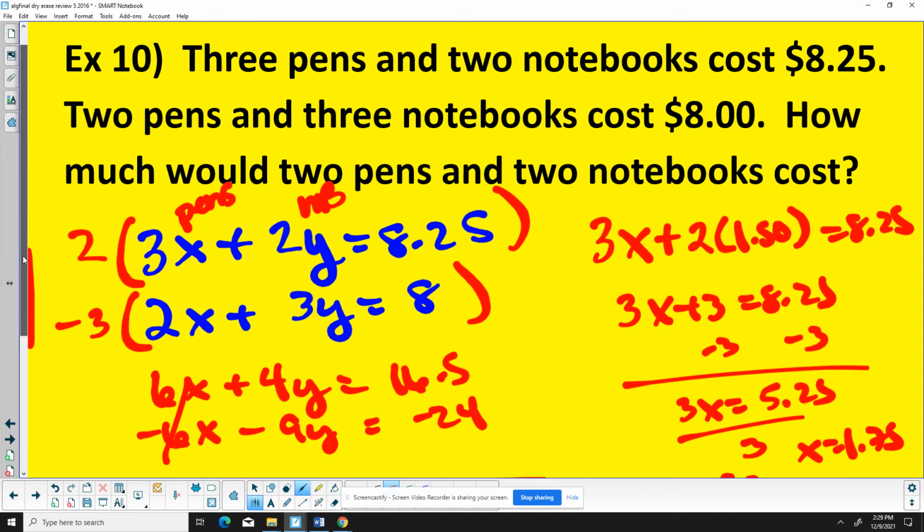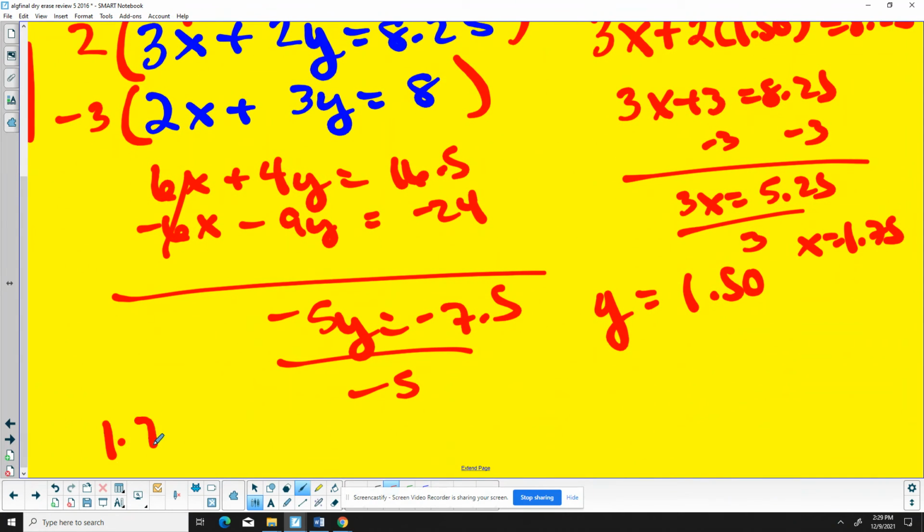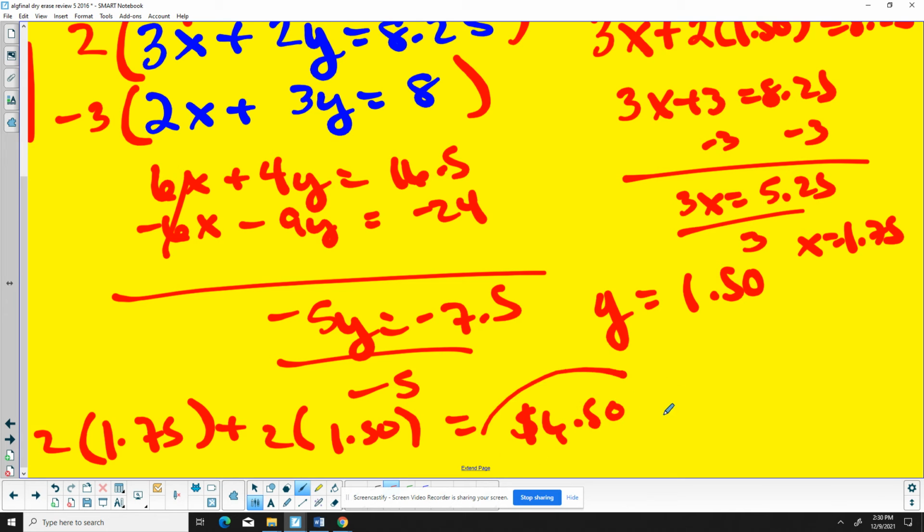So I've got both of the prices. Now I need to know how much 2 pens and 2 notebooks. So $1.75 times 2 plus 2 times $1.50. And whatever that is, that's my answer. $6.50 is my answer.